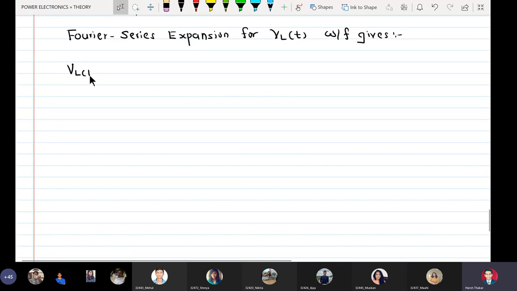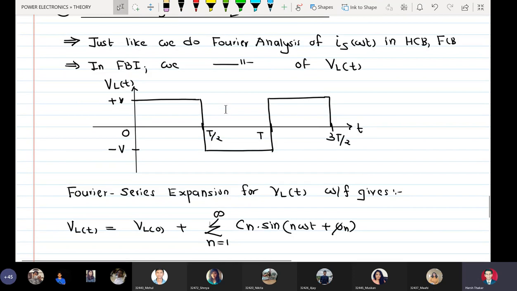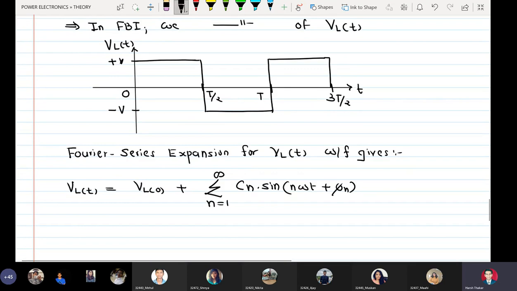We can say that VL of t is equal to VL of 0 plus summation of Cn sine of n omega t plus phi n, where n goes from 1 to infinity. Now students, what is VL of 0? VL of 0 is the average content or the DC content of the waveform. It's very clear that over one cycle of the waveform from 0 to T, the waveform is symmetrical about the x-axis.